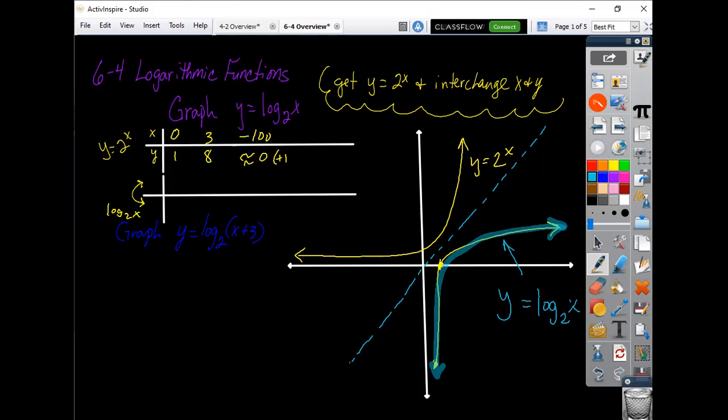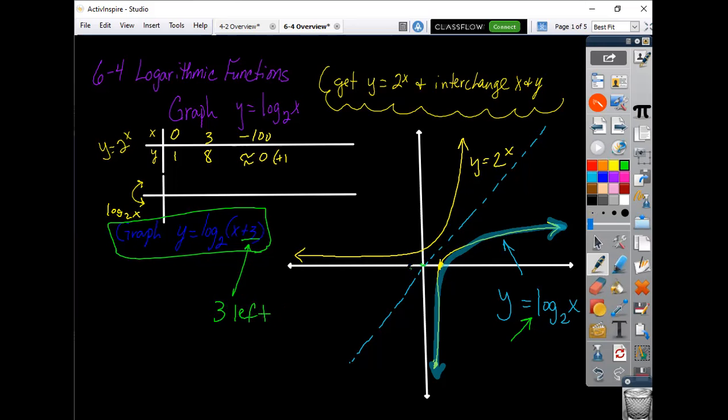Well, what do you do in a problem like this right here, where they want you to now do the log base 2 of x plus 3? You could plug all the points in to see. I think by now we've done enough transformations that you should remember that a plus 3 on the x takes my basic log base 2 of x graph, the highlighted blue one over there, and moves it 3 to the left.